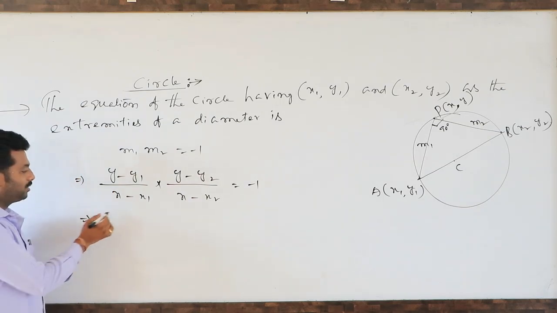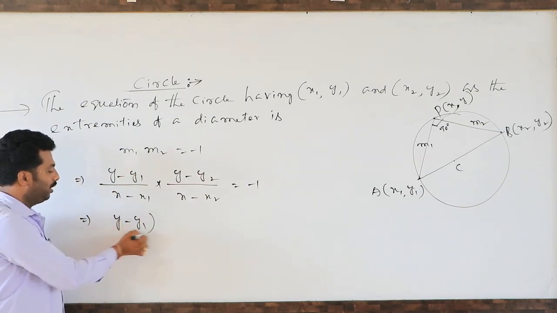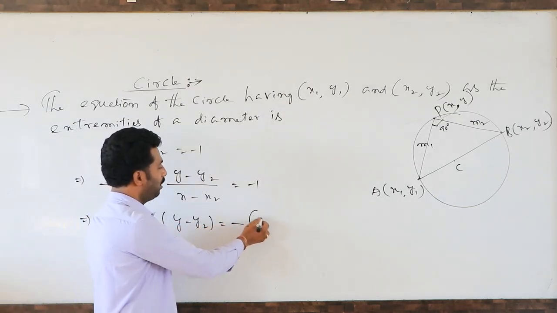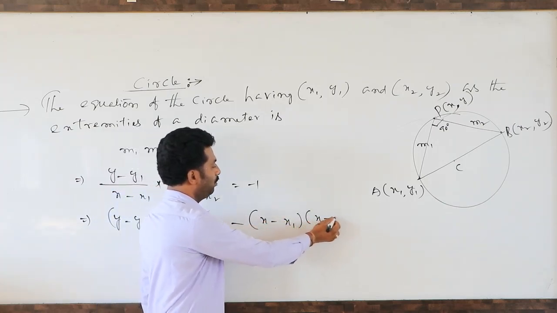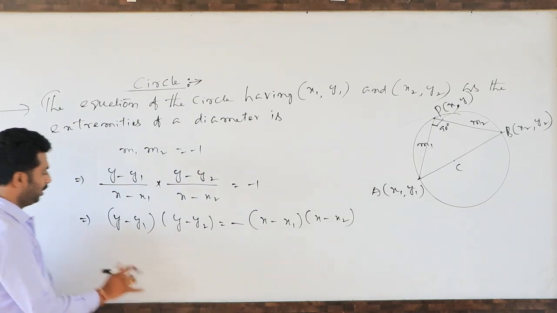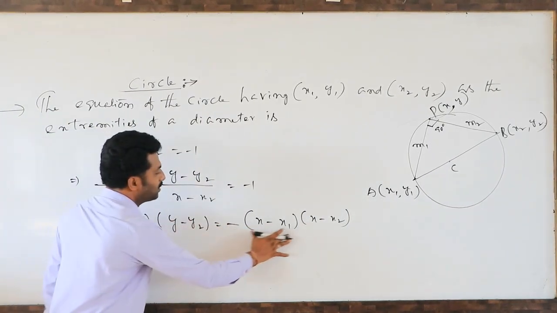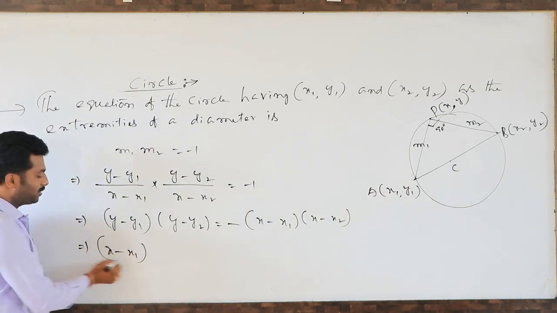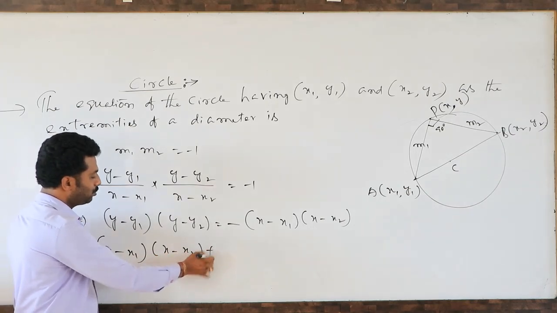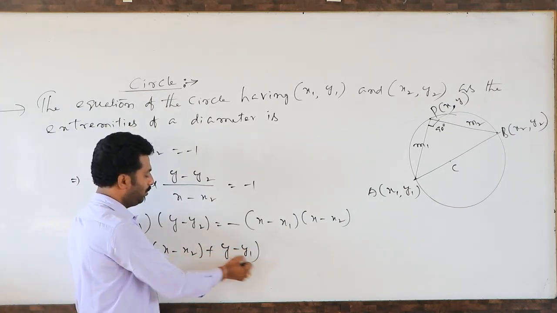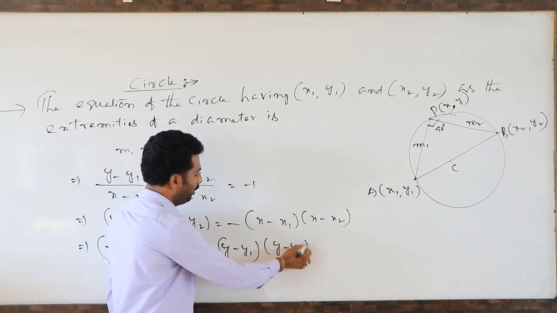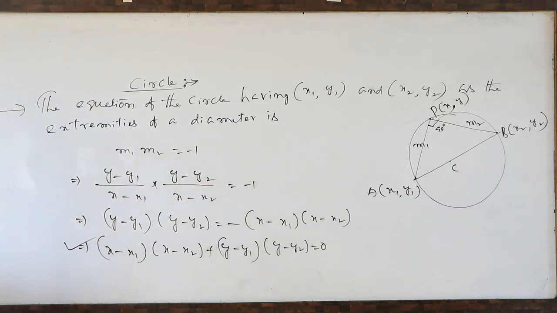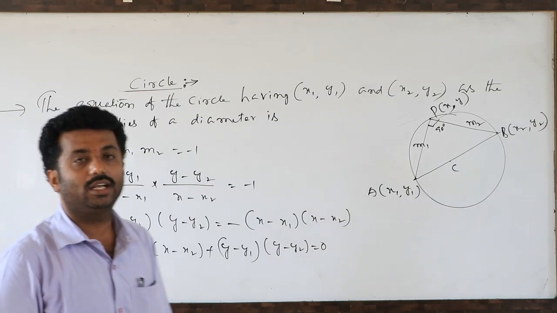Cross multiplication: (y minus y1)(y minus y2) equals minus (x minus x1)(x minus x2). Minus on the right side means plus on the left side. So (x minus x1)(x minus x2) plus (y minus y1)(y minus y2) equals 0. This is called the equation of the circle whenever end points of the diameter of a circle are given.